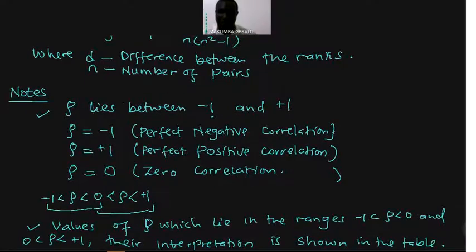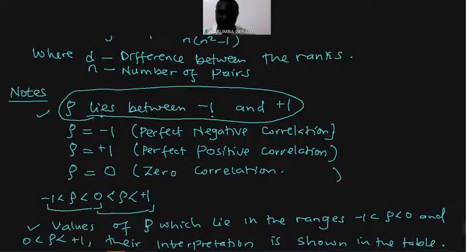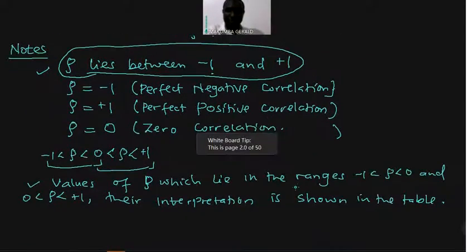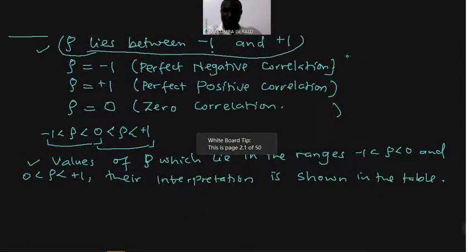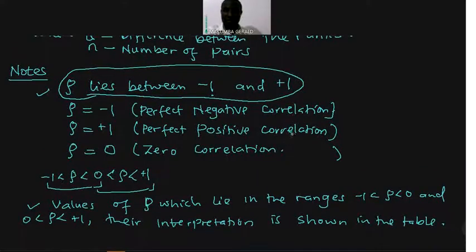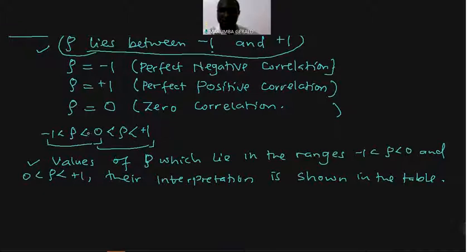But remember, we said that rho can be any value that lies between -1 and +1 inclusive. So if we have talked about those three special cases, we can as well talk about the values which lie in between.